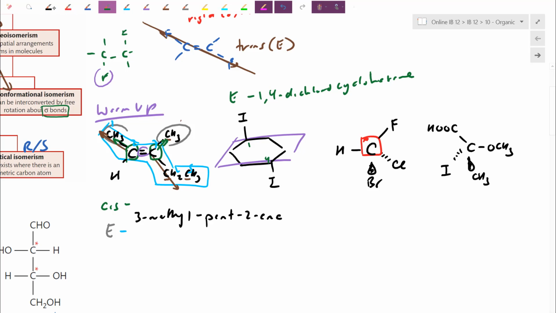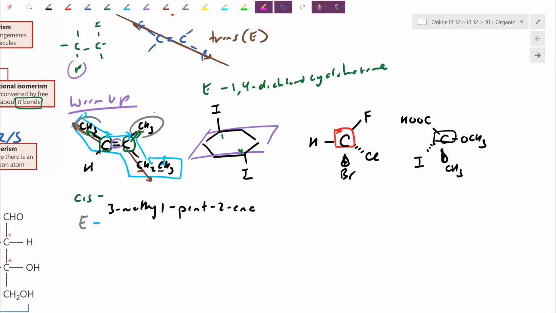Then the harder type of isomerism here, again, these are called chirocenters. We assign the priority just like we did before. So just by element number, bromine's highest, then chlorine, then fluorine, then hydrogen. Before you deal with clockwise or counterclockwise, I want you to point the 4 group away from you. So right now my 4 group is actually going to the left. I want you to imagine taking your eye and looking at it from this angle.